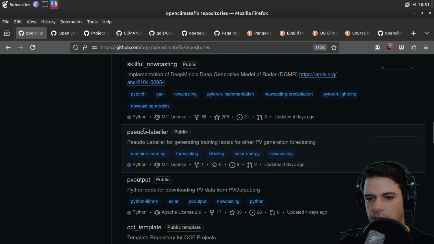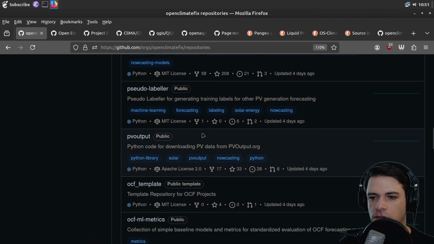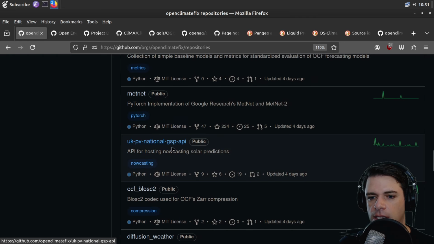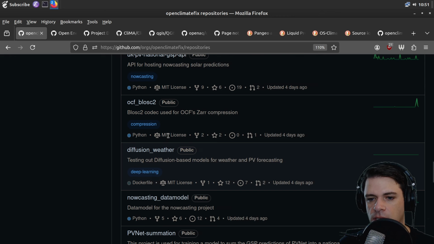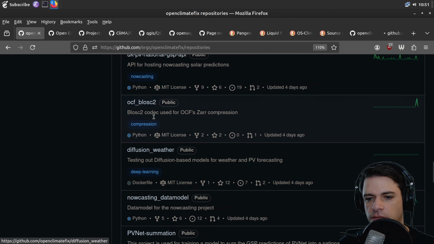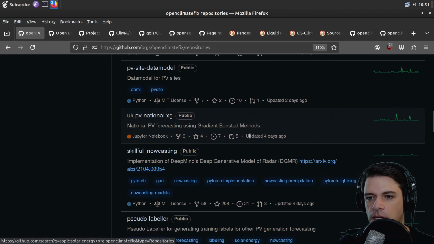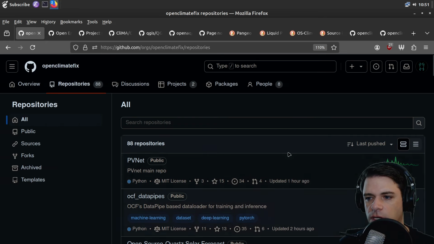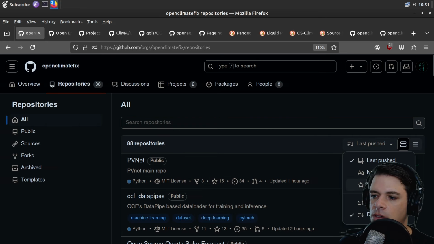Sudo labeler, training labels and other. So this is for some sort of training data API for hosting nowcasting solar predictions. This is something for diffusion weather modeling. Can I sort these by, I guess they may be sorted by stars or something. Last pushed.